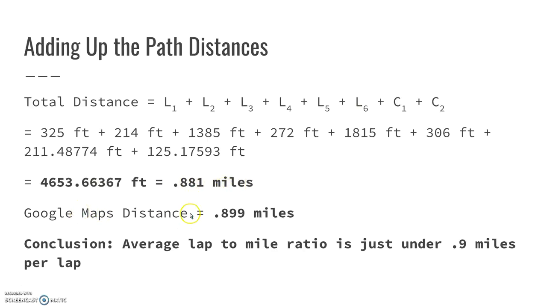The Google Maps distance ended up being 0.899 miles, which is just a little bit above the total distance that I calculated. And of course, there is no perfect value due to the distances all being approximated and done by hand. And in conclusion, the average lap to mile ratio is just under 0.9 miles per lap.